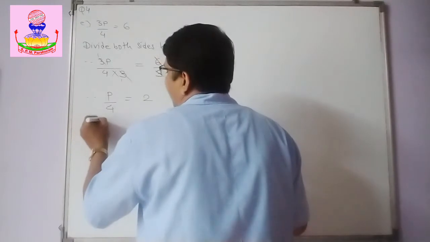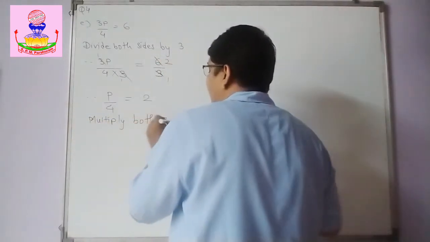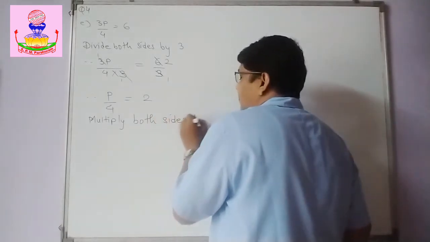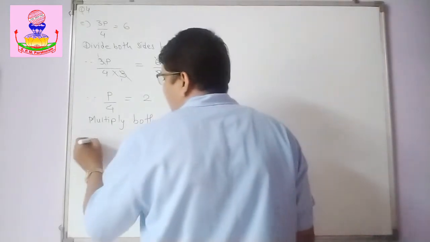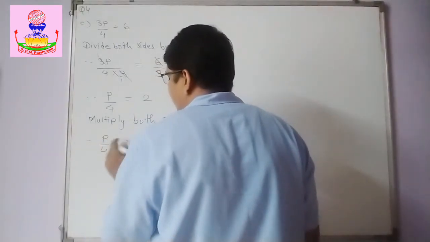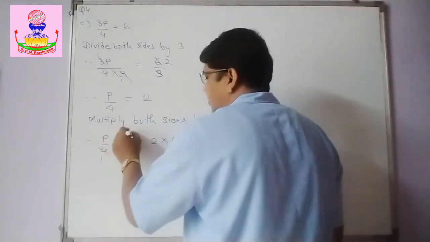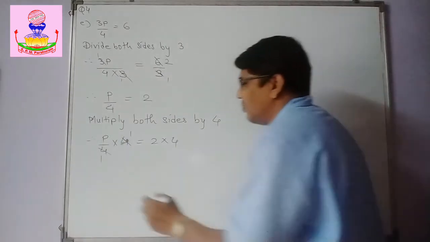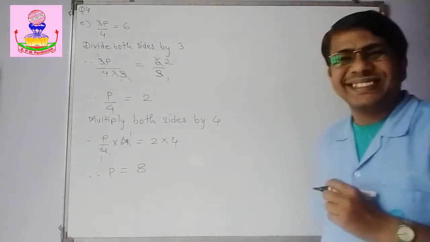So multiply both sides by, oh yes, 4. So P upon 4 into 4, that is equal to 2 into 4. 4 ones are 4. So therefore P is equal to 8.